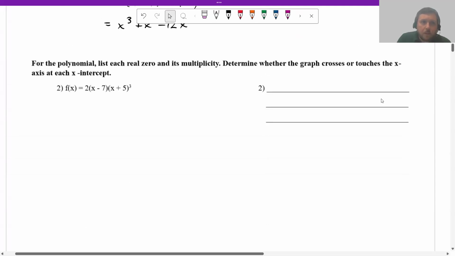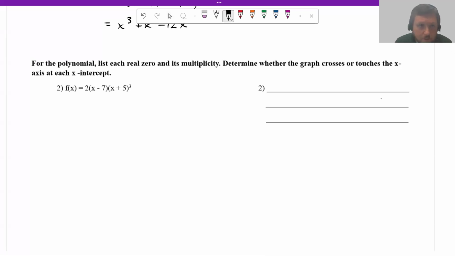Okay, for the polynomial, list each real zero and its multiplicity, and determine whether the graph crosses or touches the x-axis at each x-intercept. So I see 2 real zeros. I can go ahead and just use the lines here to make a table.